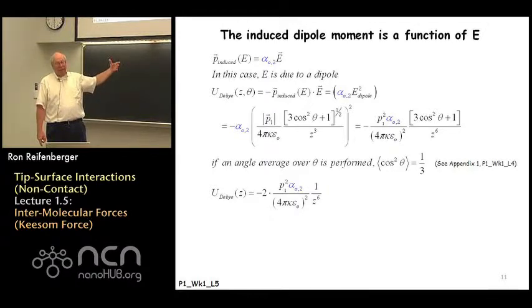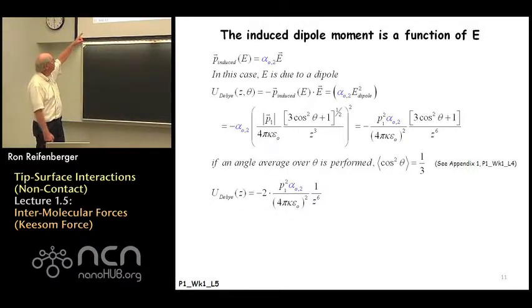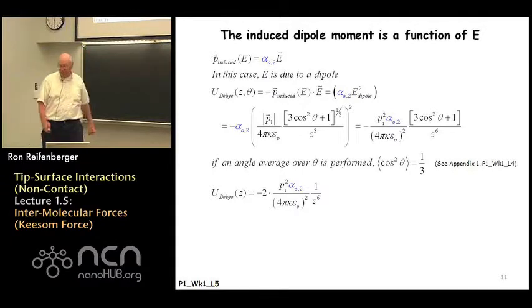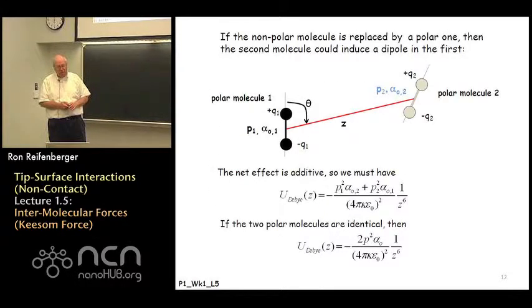You just have to do an angle average over one angle, and that's the angle average over theta, and that was shown in the appendix of lecture 4 to be equal to 1/3, so you can refer back to the appendix of lecture 4 to see how that factor of 1/3 comes in, and that gives the Debye interaction potential energy that I've got written down. Okay, it's a standard result. You'll find that in all the textbooks and review articles.